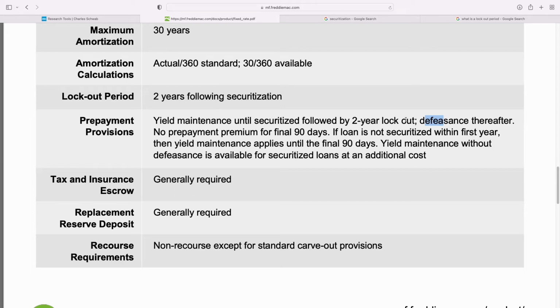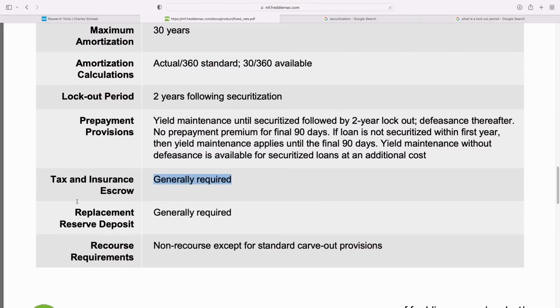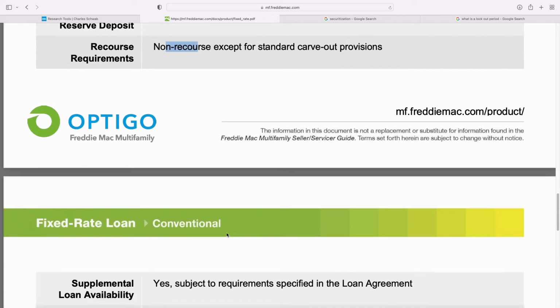Your prepayment penalty is normally a step down of 5, 3, 2, 1, and then no prepayment penalty. So that's that. Tax and insurance generally require a replacement reserve deposit. It's generally required. As for recourse requirements, this is a non-recourse loan except for standard carve-out provisions.